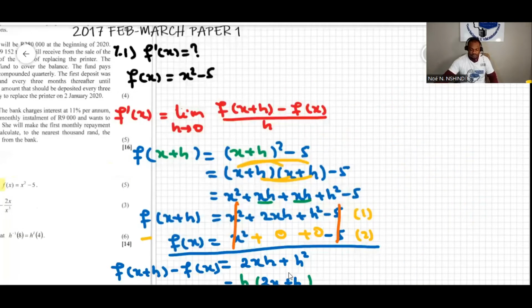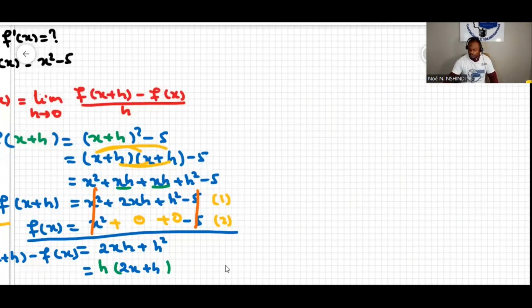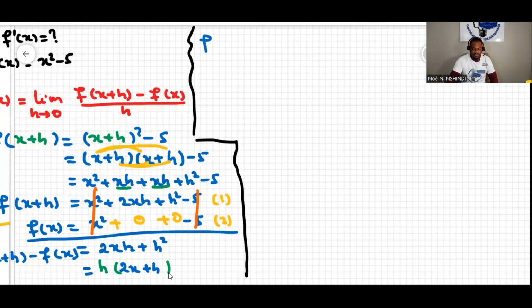Now let's move the board like this. We're going to work it out. Now we have f of x plus h minus f of x is now equal to h, open bracket, 2x plus h.